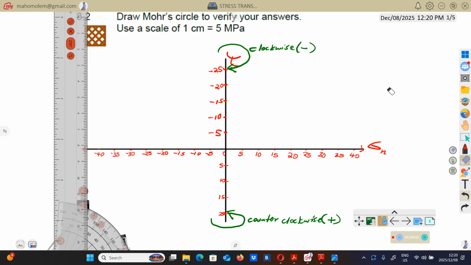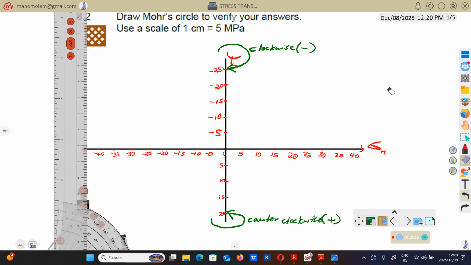You keep on changing the plane, and you can read all those stresses from this circle. Maybe they preferred this method in those old times when scientific calculators or computer software were not yet developed.